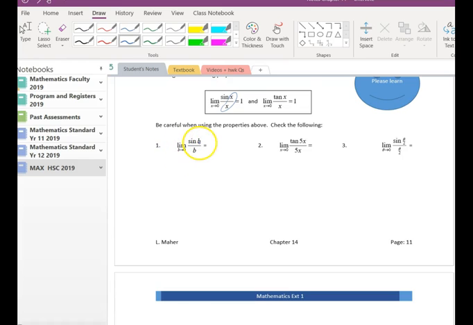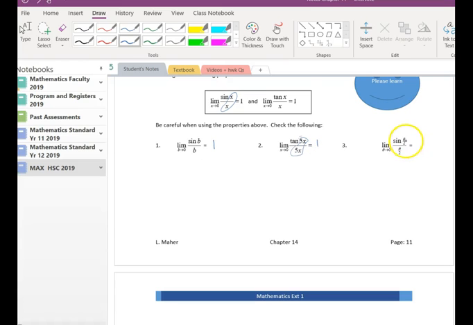Limit as b is getting very small of sine b on b is going to be, as long as these two values are identical, doesn't matter what they are, and it's heading towards 0, the answer is 1. The limit as x tends to 0, and again we've got these two values being identical, the tan of something over itself is also equal to 1.